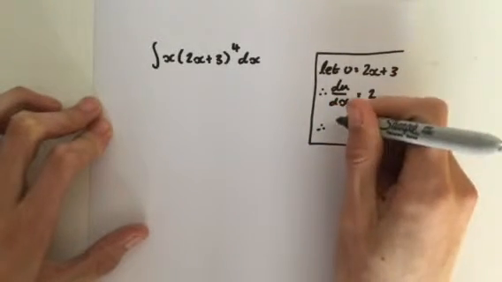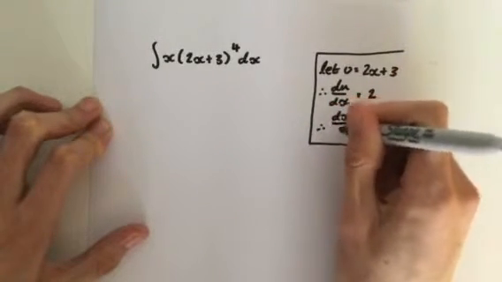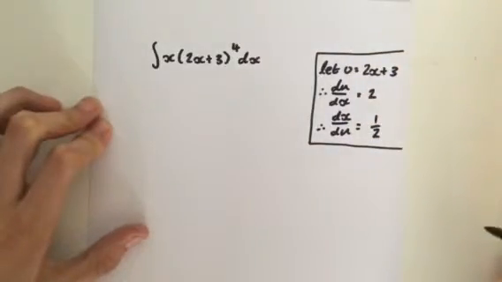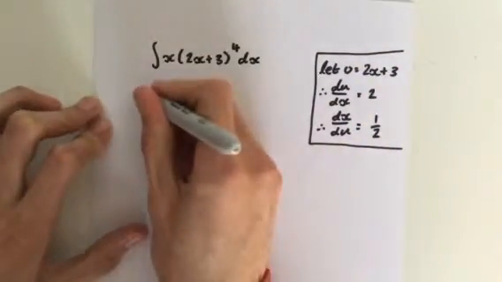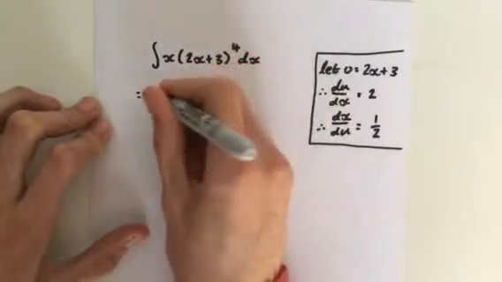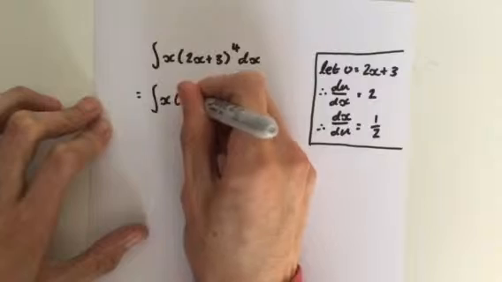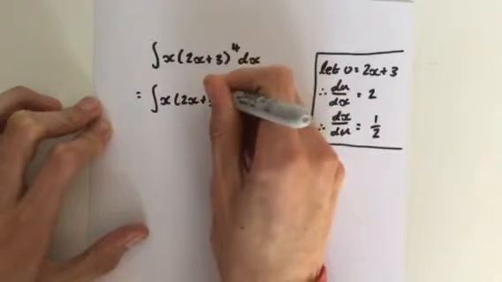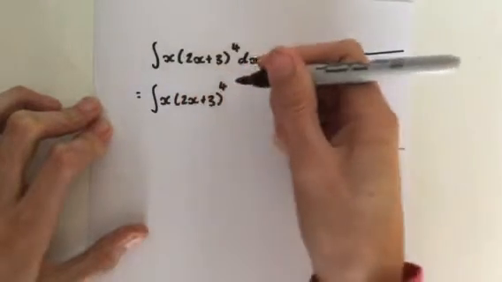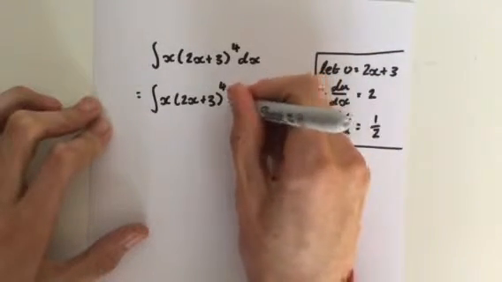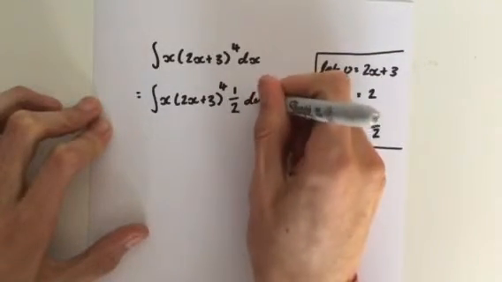Therefore, dx by du is going to equal a half. So, using the formula, we get the integral of x (2x plus 3) to the power 4. Now we're going to multiply that by a half and integrate it with respect to u.